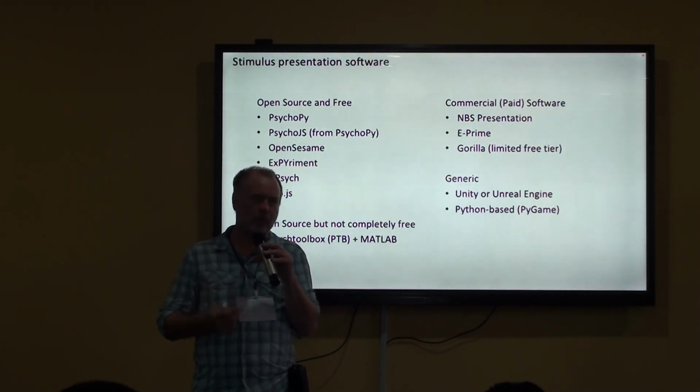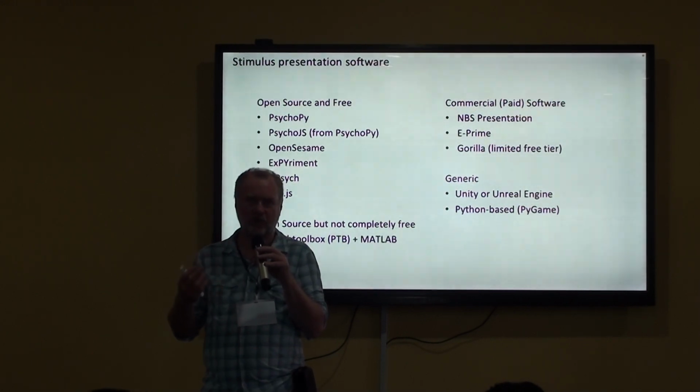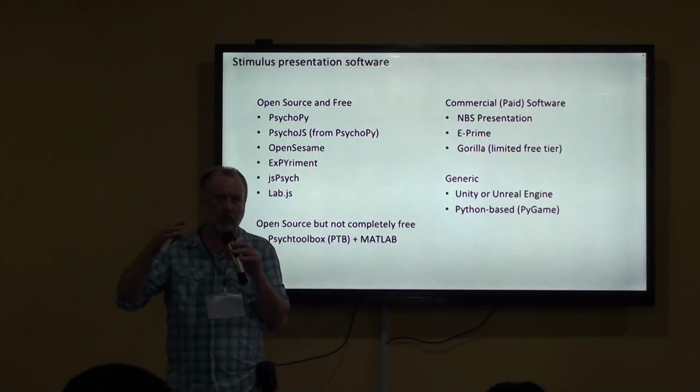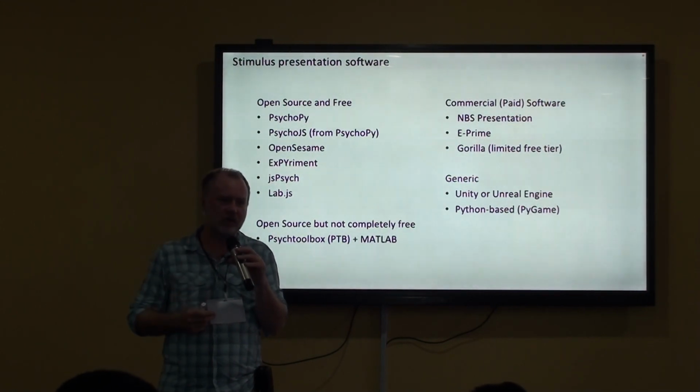So it's not something that we use a lot in the lab. Another Python-based toolbox for stimulus presentation is OpenSesame and Expyriment. Other toolboxes in JavaScript are jsPsych and lab.js. If you're interested, you can look up the slides later and find them online.